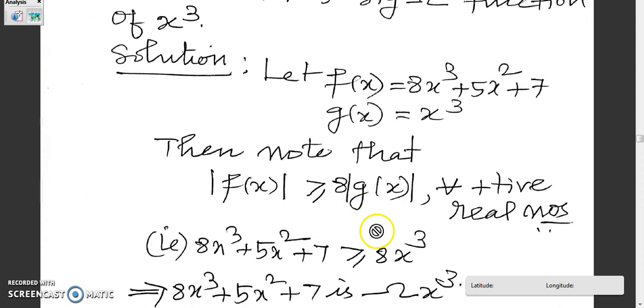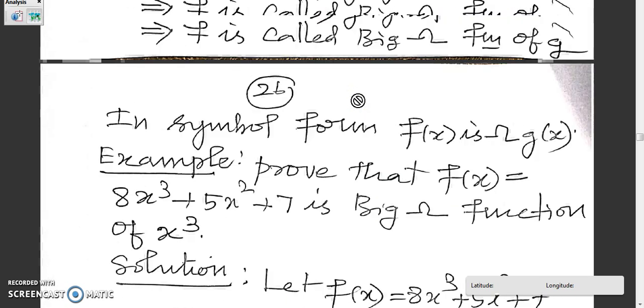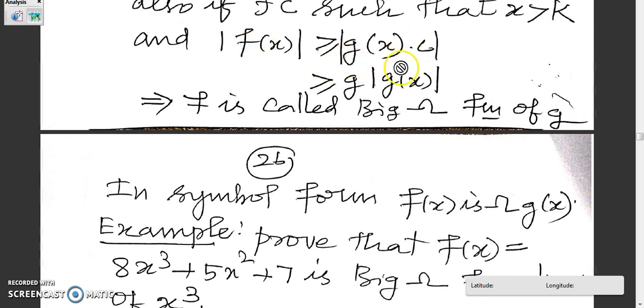I mean, the absolute value of 8x cubed plus 5x squared plus 7 is always greater than or equal to 8 times x cubed. Yes, definitely, am I correct? So we have written this f and g such that the condition is satisfied. Am I correct? That a c exists.